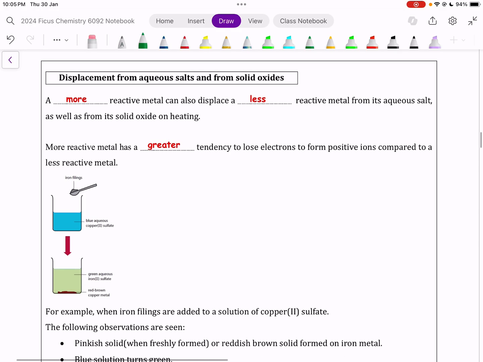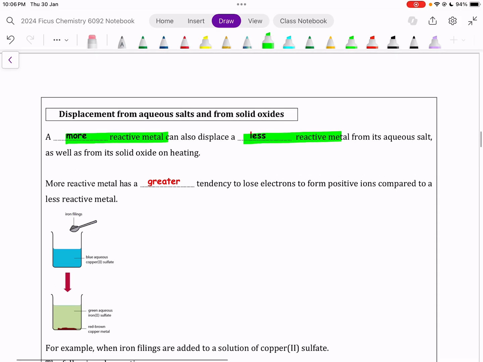So let's look at displacement reaction. It works a bit like halogen displacement. The idea is that a more reactive metal can displace a less reactive one. Usually the more reactive one is the one with higher tendency to lose electrons, or the one that has a higher tendency to be oxidized.